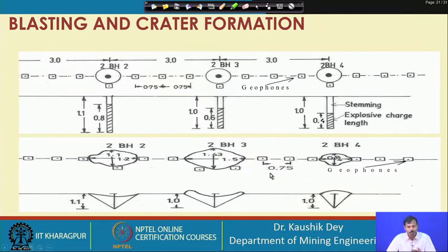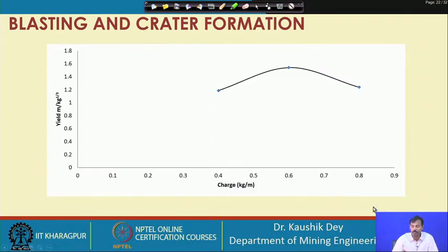In fact, I am now presenting one such type of experimentation, where the hole depths are kept at 1 meter, and varying charges of 0.6 kg, 0.8 kg and 0.4 kg are used, and we have found different crater volumes are obtained, and from there we are able to identify the optimum one.